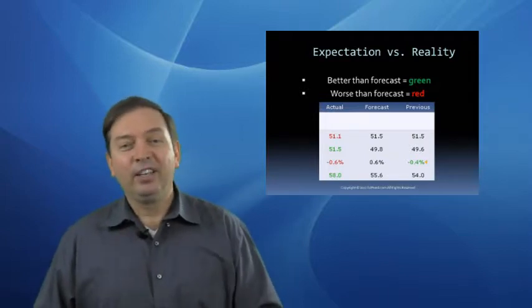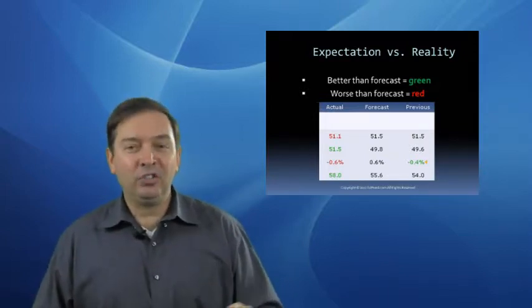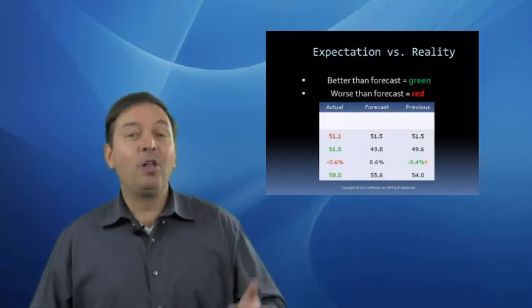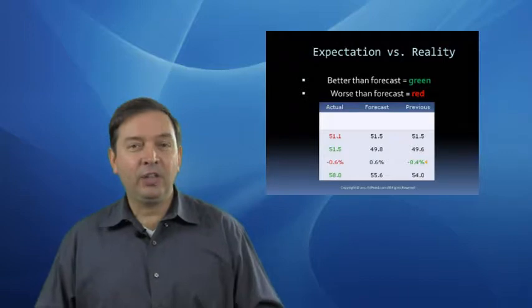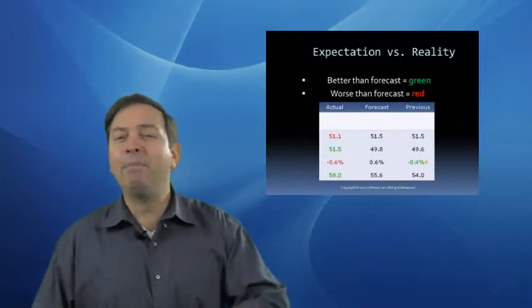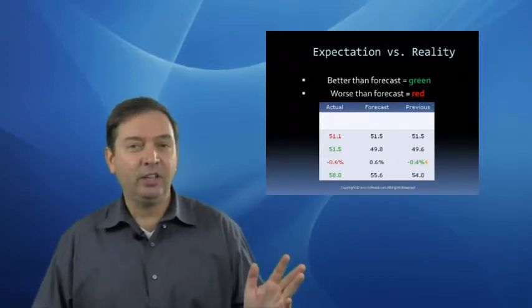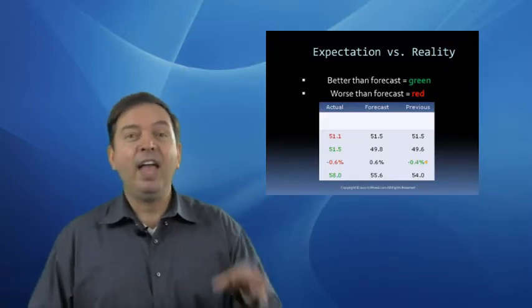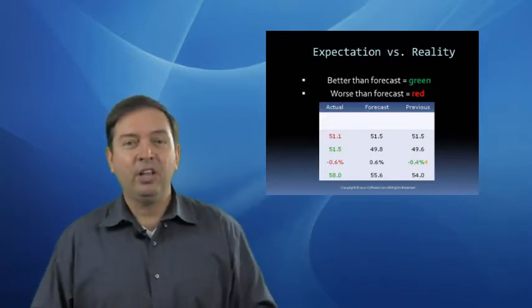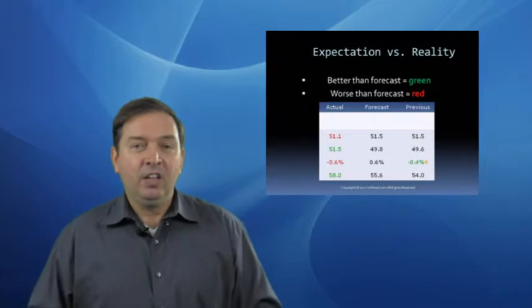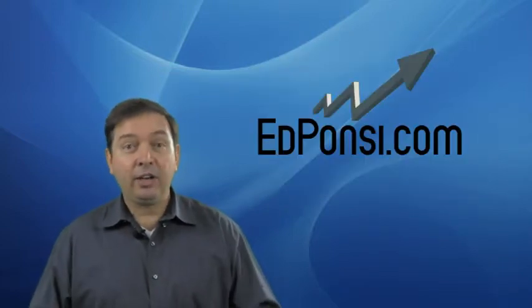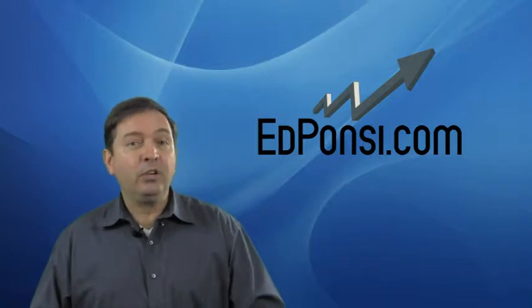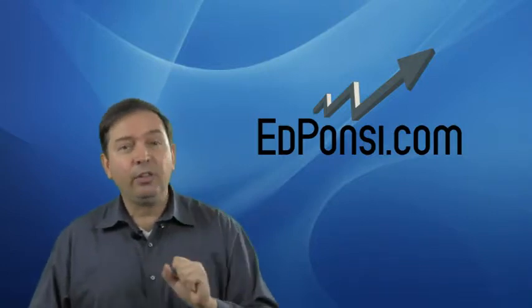And the red ones, they're the ones that missed expectations. They're like bad report cards, but it's all a matter of degrees, right? You can come out a little bit better than expectations. That might be a mild positive. But if you come out much better than expectations, that can be a big positive and can have a very immediate impact on the market. So it's that expectation of that consensus forecast that creates the move, because it's the expectation really versus the reality.